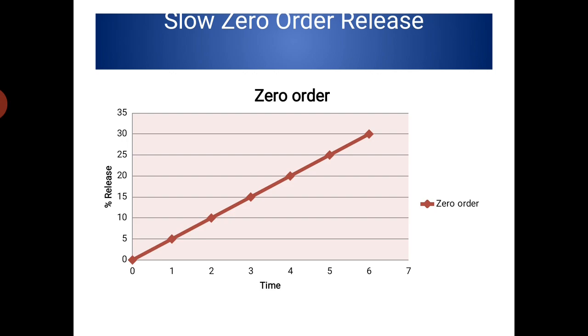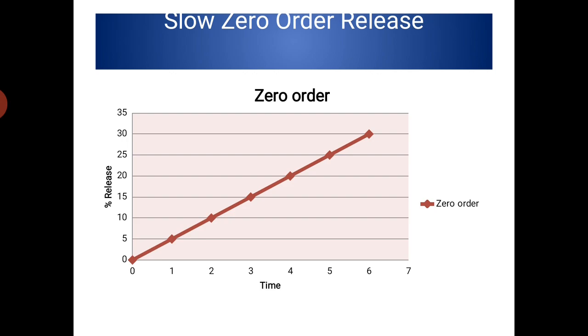Now we'll go to the core concept of this. The ultimate aim of developing a drug into a controlled release means it has so many advantages like patient convenience, reducing the dose, dosing frequency, etc. that we already learned. But from all this, we are aiming to have a steady state concentration in the therapeutic range.